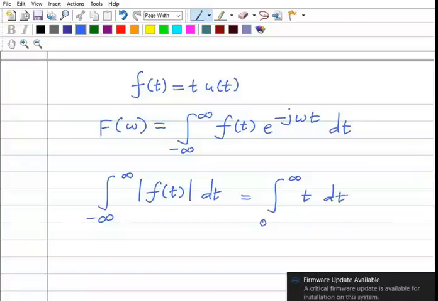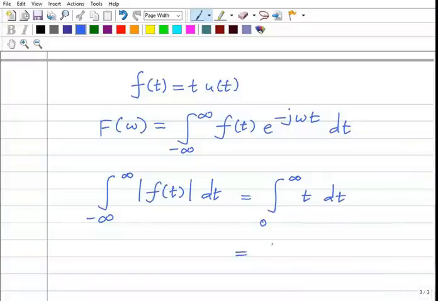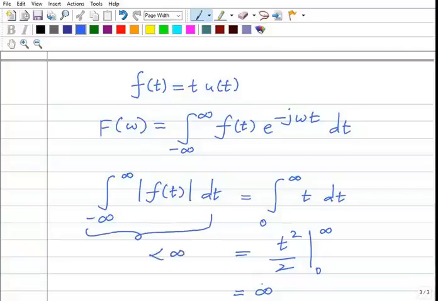Am I right? Integrate: t square by 2, substitute the limits. What is the value? Infinity. According to this condition, it should be less than infinity, but we are getting infinity as the answer. So the Fourier transform does not exist for this ramp signal.